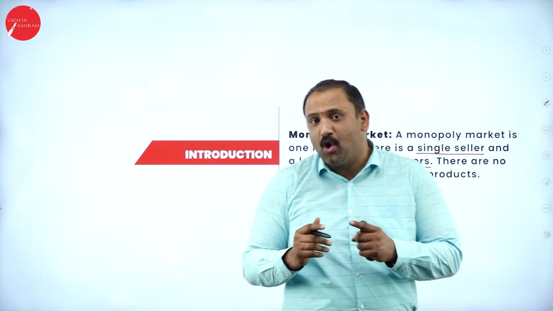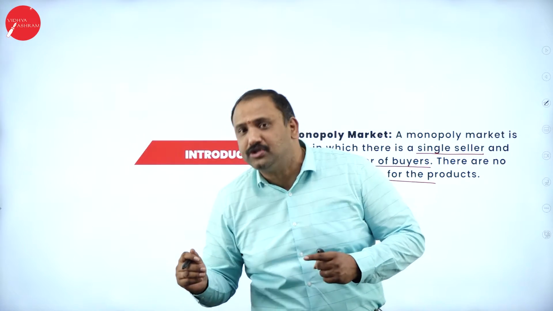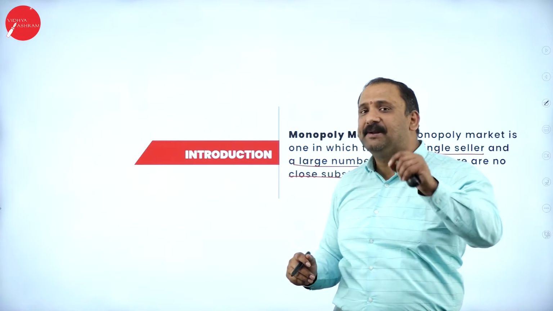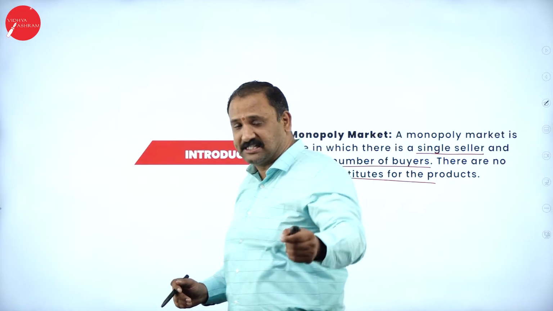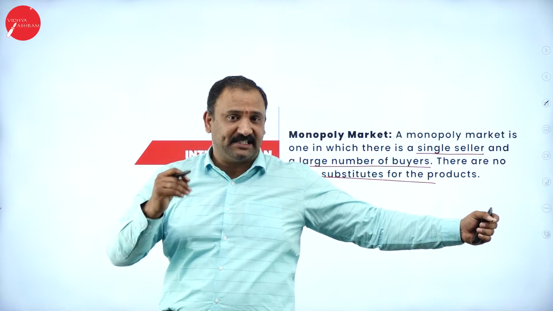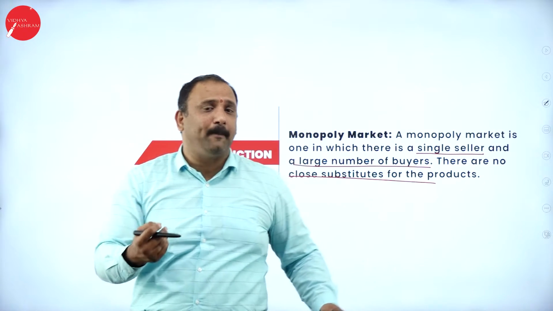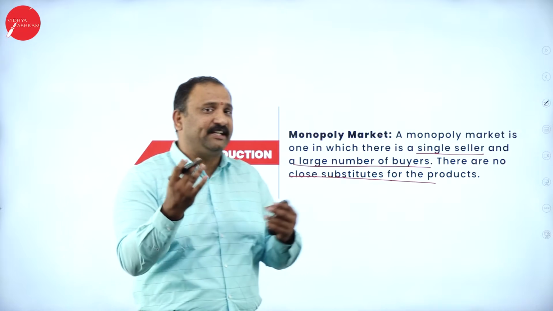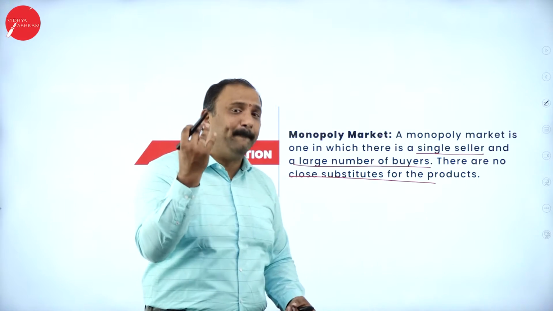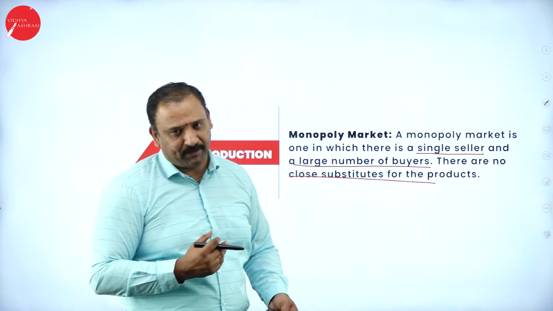There is no equivalent substitute to salt, which means this person will hold the entire market and whatever price he quotes, that is the final price in the market. The consumers will not have an opportunity to bargain or set against the price. So that's where the monopoly enjoys the complete profit coming out of the market.